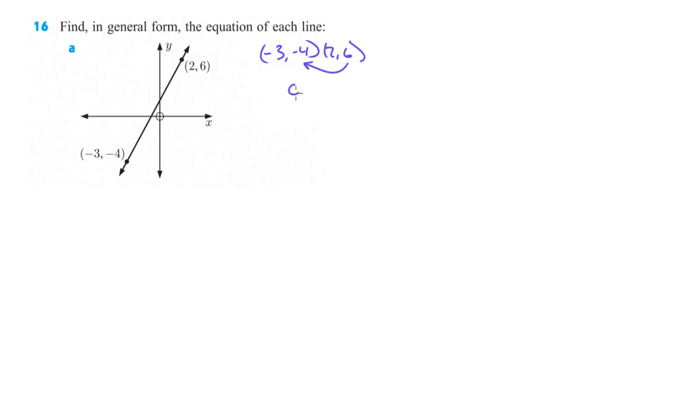So I'm going to do 6 minus negative 4 over 2 minus negative 3. And you could have put 2, 6, and negative 3, negative 4 and still done it the same direction, and it's going to end up working out. You'll just end up with 2 negatives instead of 2 positives, but a negative divided by a negative is still a positive. So this gives us 10/5, which is 2 for our slope, right?